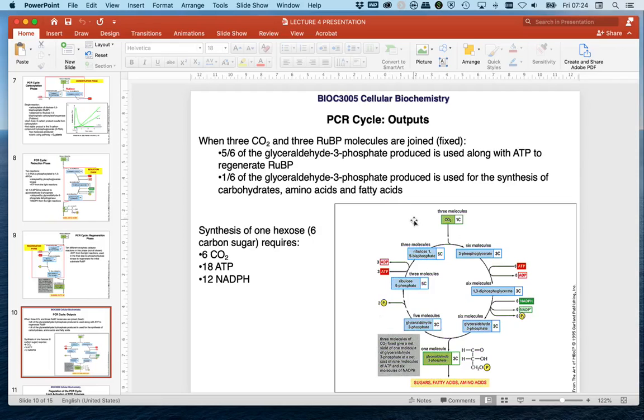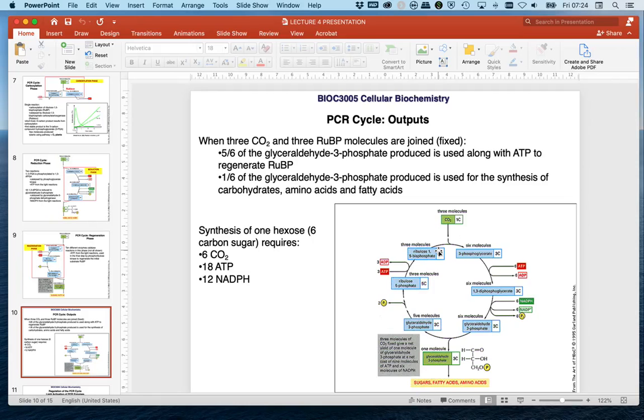So we can see the stoichiometry in the diagram, 3 CO2s going in. We can then follow those carbons through the carbon assimilation reactions, and we see that 3 carbons come out. 1 molecule of 3 PGA is taken out of the cycle for those other biosynthetic processes. 5 out of every 6 of the carbons that entered go back to make the substrate RuBP.